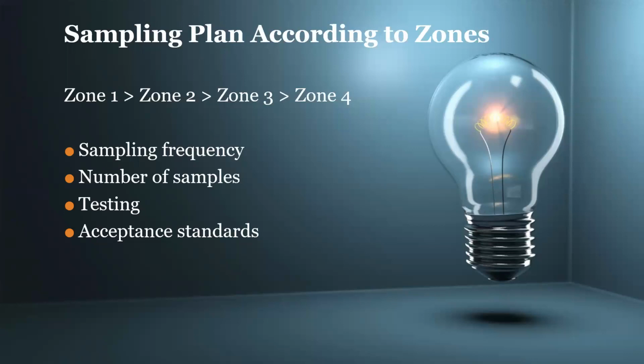Normally, in general, we see that samples are taken more frequently, in larger number, and tested for more in zone 1 and zone 2, and less so in zone 3 and zone 4. And performance standards are also more stringent in zone 1 than in other zones.